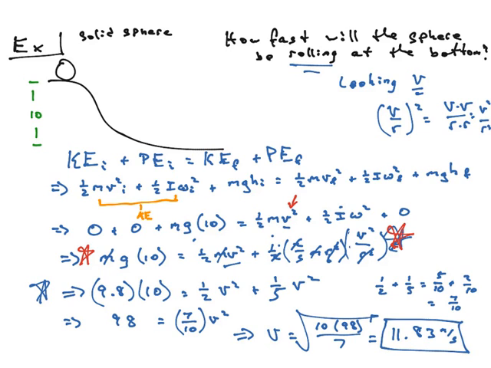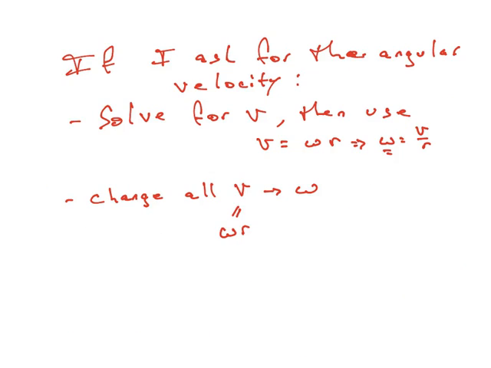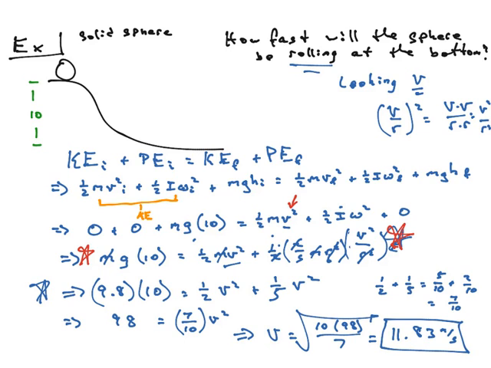So which thing do you replace? Do you replace the V for omega, like we did here? Or do you replace the omegas with V's, like we did in this example? They're both the same thing. It just depends on what the question's asking.